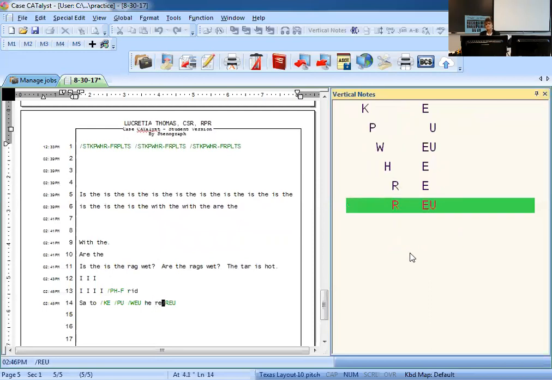P-U, W-I, H-E, R-E, R-I. Notice that I pressed the I at the same time. These are different little letter combinations: the S-A together, the T-O together, K-E together, P-U together, W-I together. Anytime you see an I, it's going to be equal to EU. Very important that you all know that. I just like to cover that with you all.